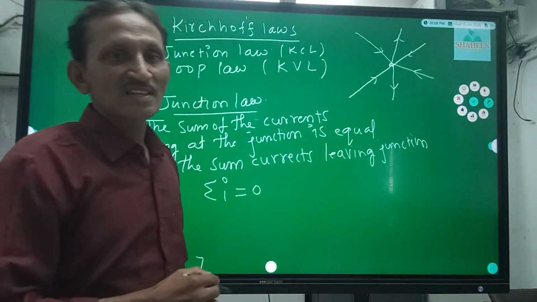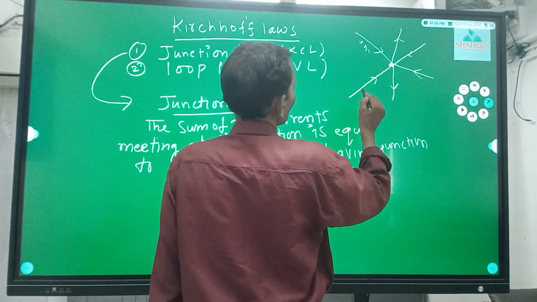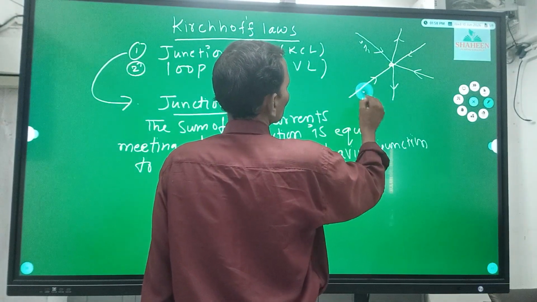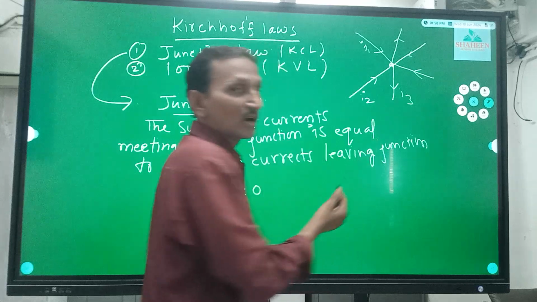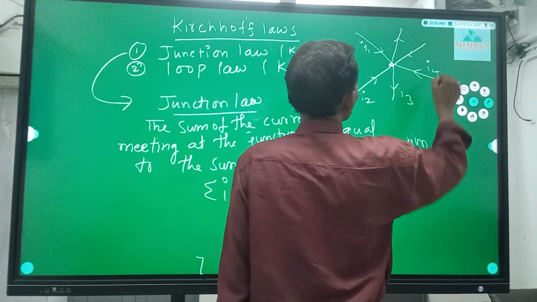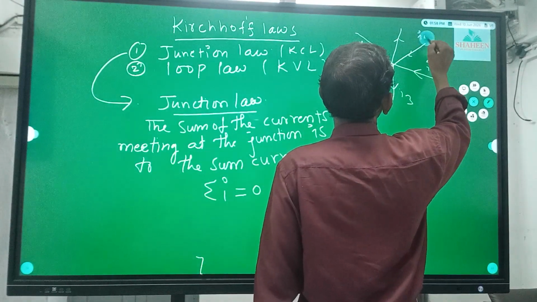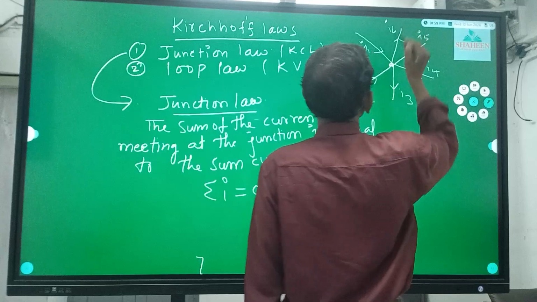I am taking my junction here. Let I1 be the current coming inside, I2 the current coming inside, and I3 the current going out of the junction. I4 is the current coming into the junction, and you take I5 and I6 here.